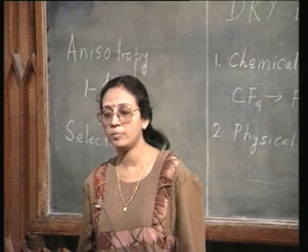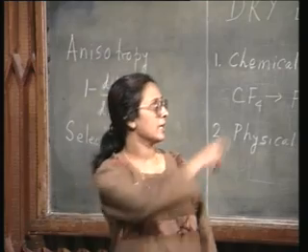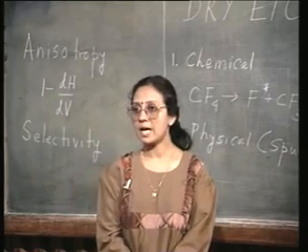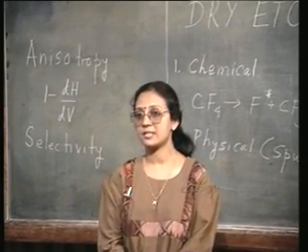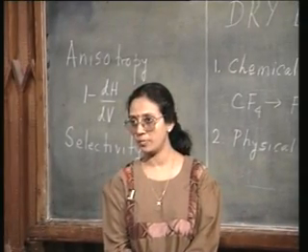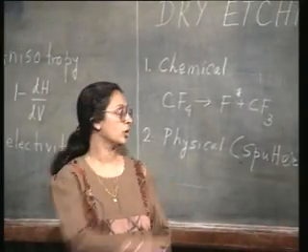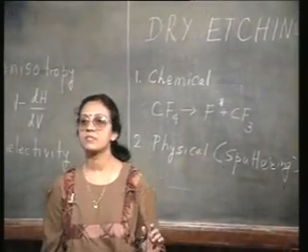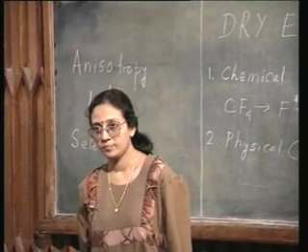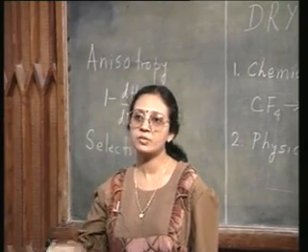The ion bombardment is causing the reactivity of the surface to get enhanced, hence the name energetic ion enhanced. The surface reactivity is enhanced by energetic ion bombardment, but usually the energy of these ions is much smaller than what you need to cause physical sputtering. So it is not really a combination of 1 and 2, it is a different phenomenon.